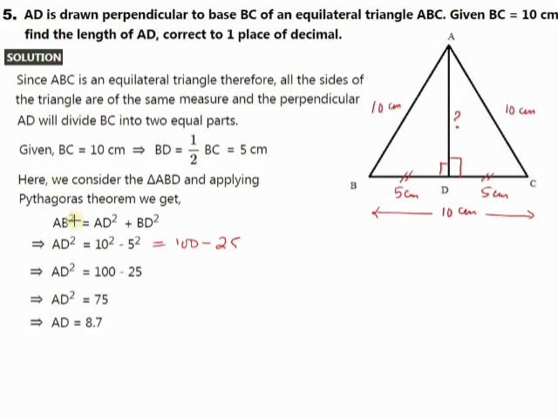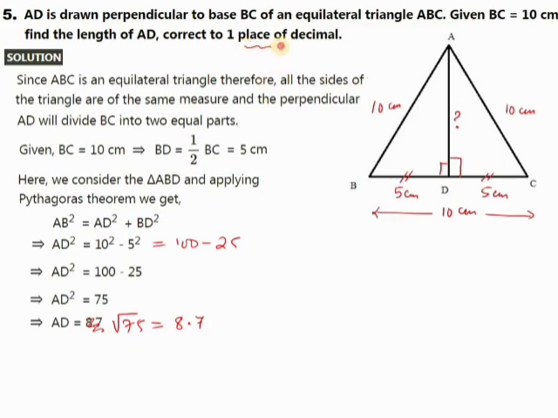So when you find AD, it will be exactly root over 75, and when you find the square root of 75 using the division method, which you have learned in your class 8, you get your answer to be 8.7. Why am I finding only till 1 decimal place?